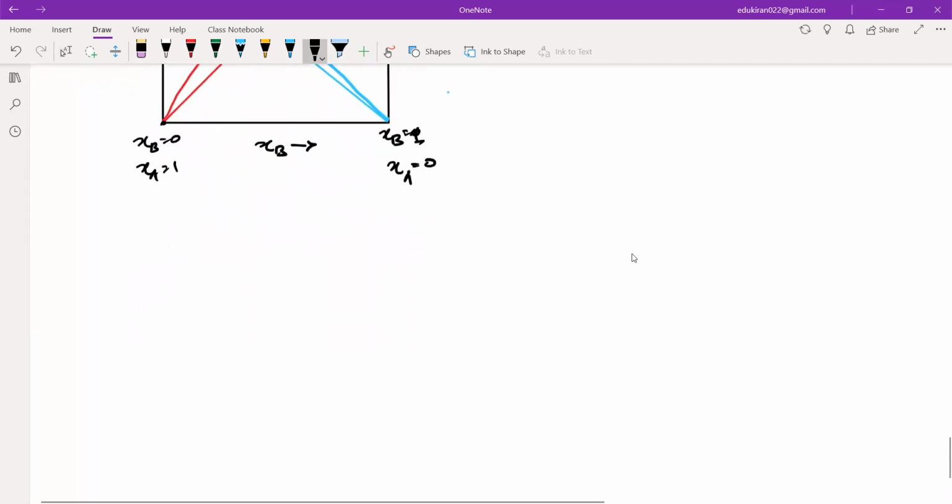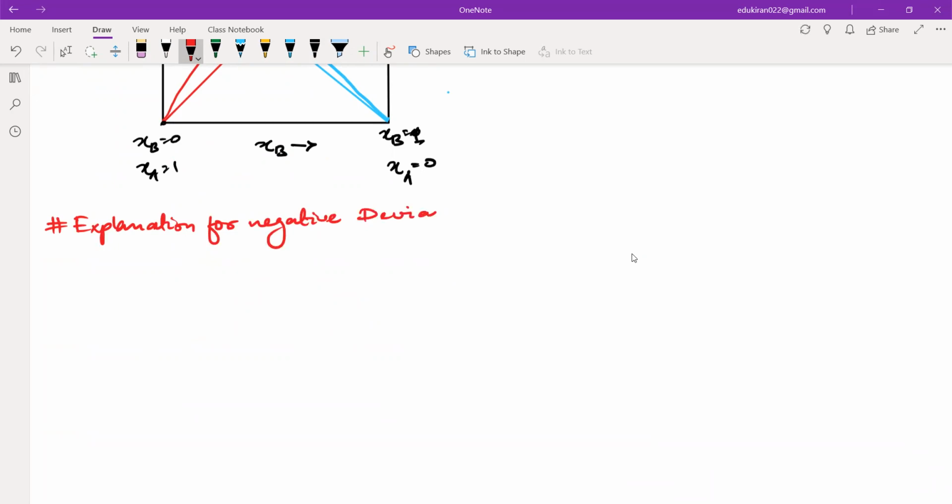Now write the explanation for negative deviation. The example that we will be looking at here is acetone and chloroform.